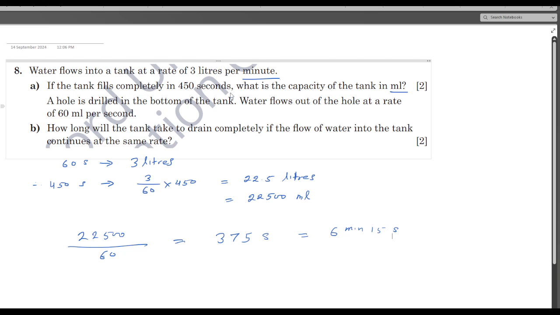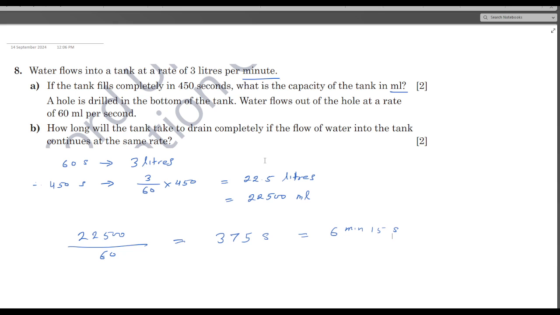Wait. Water is flowing, so 3 liters. Okay, but they have not said that the flow of water is stopped.